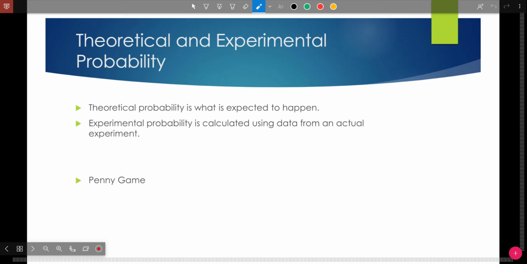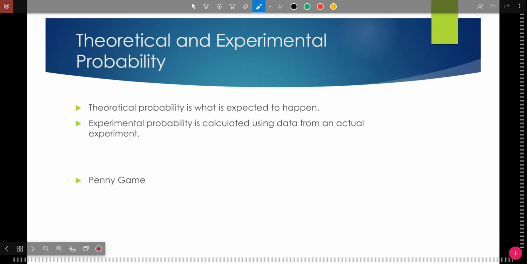And so, if you're talking about flipping a coin, the theoretical probability of flipping a coin, well, there's heads and tails, so it'll be 1/2. The experimental probability of flipping a coin would mean flip the coin 10 times, keep track of what happened.